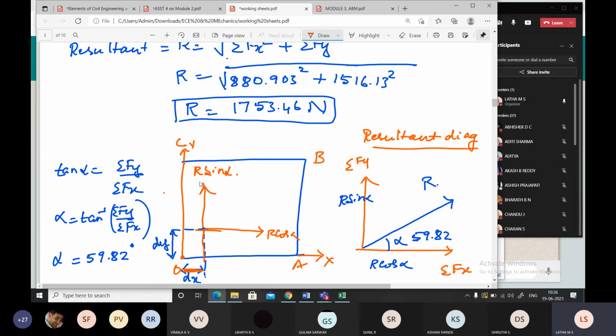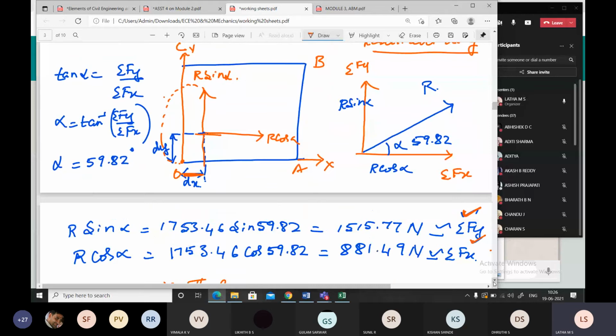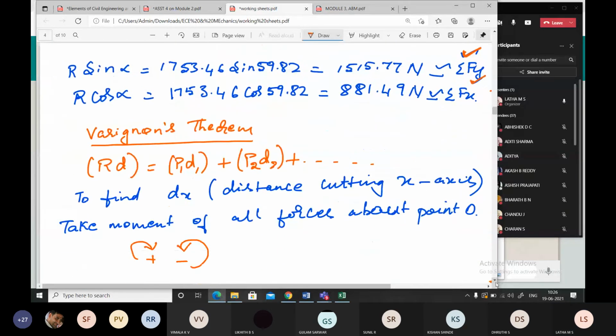Now I should take the moment of R sin alpha about point O. How is it turning, clockwise or anti-clockwise? Anti-clockwise. What is the perpendicular distance? dx.